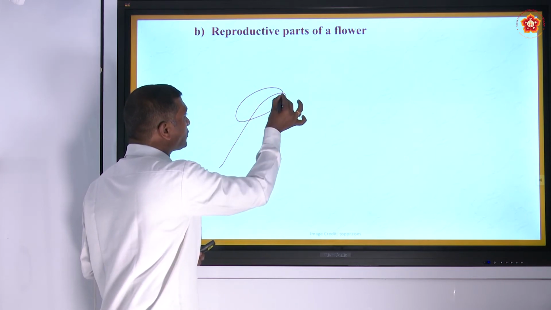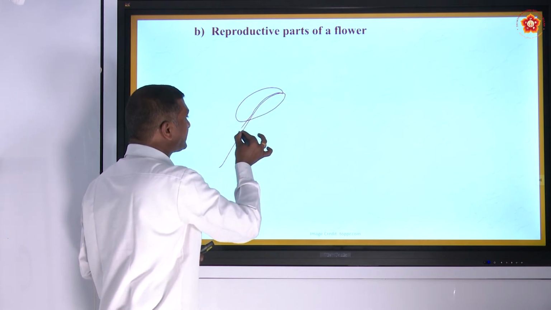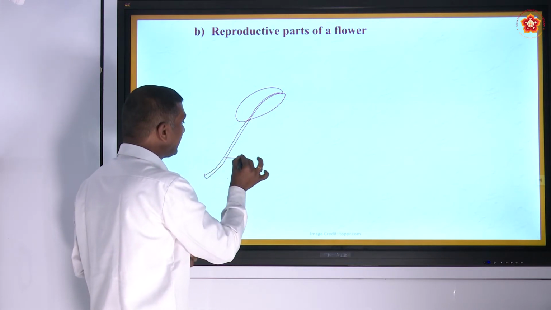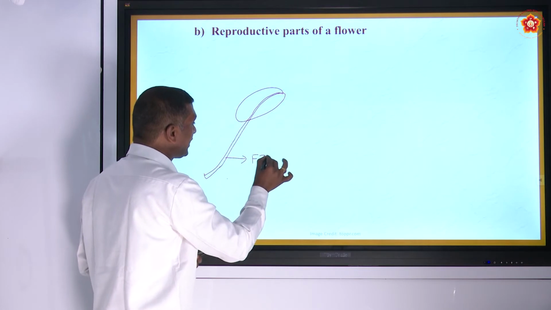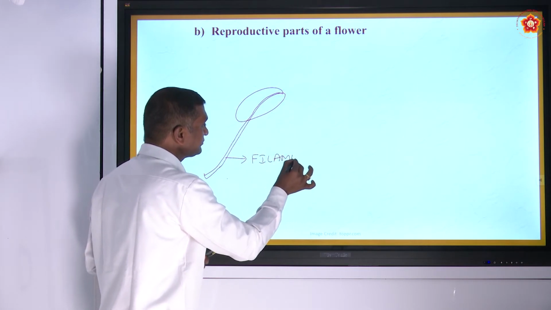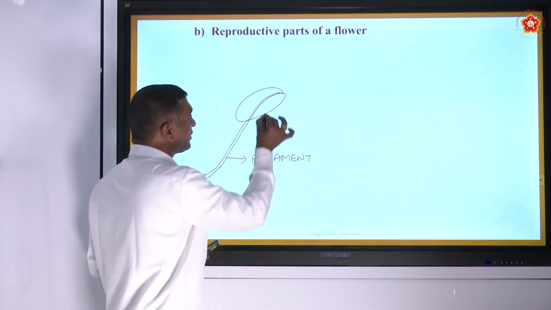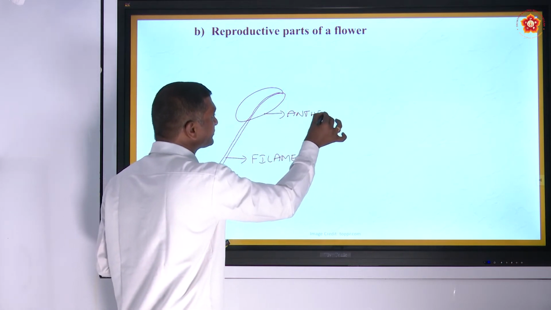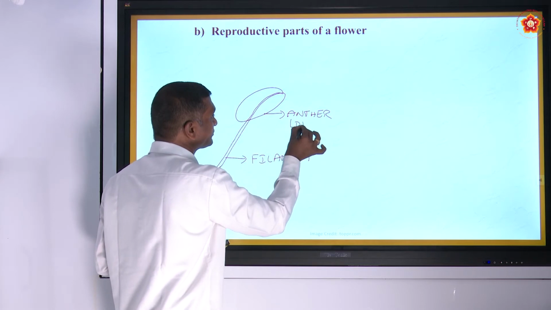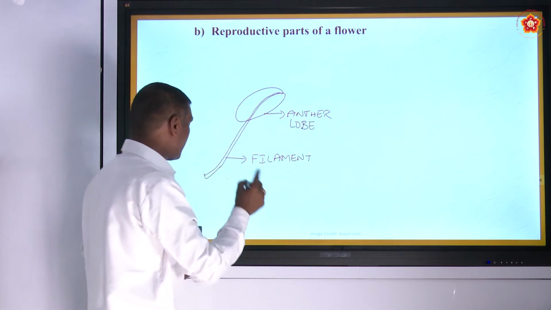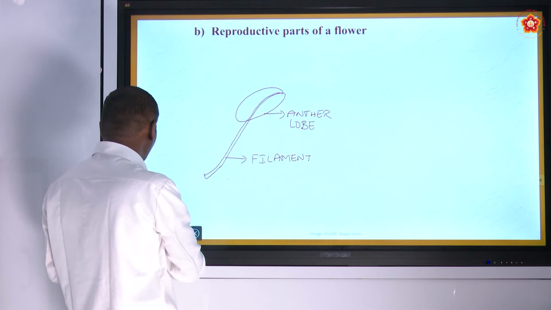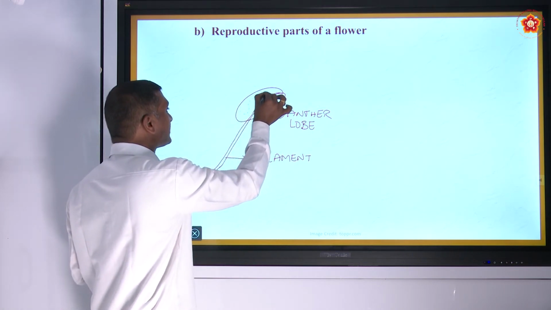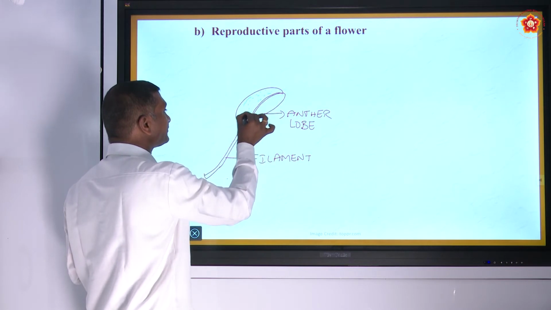See the stamen, a simple way of drawing a stamen here, where it has an elongated filament and anther lobes. Anther with anther lobes. Inside these anther lobes, you can see the pollen grains that are deposited.